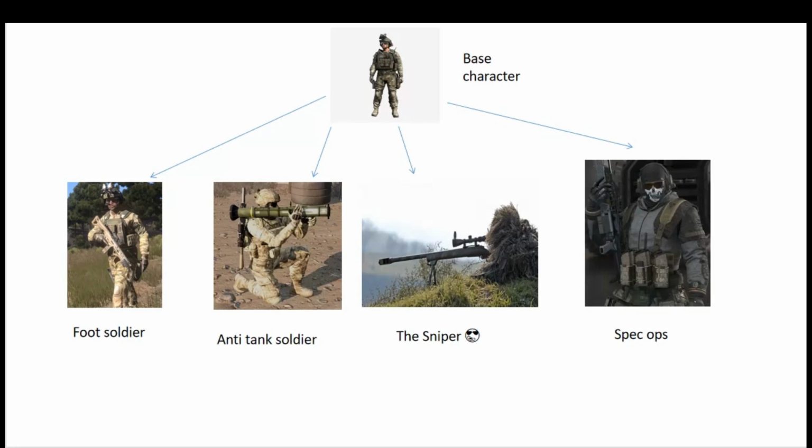I think this basically gives us a basic idea of what the characters in our game are supposed to be. Each of these specific characters has their own role and their own weapons. There is always something that differentiates them from the others, right?